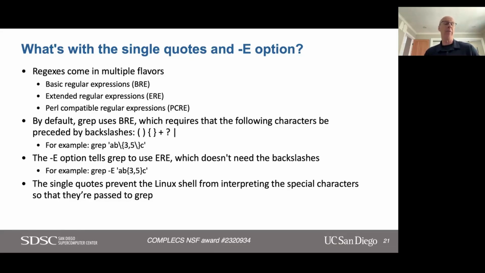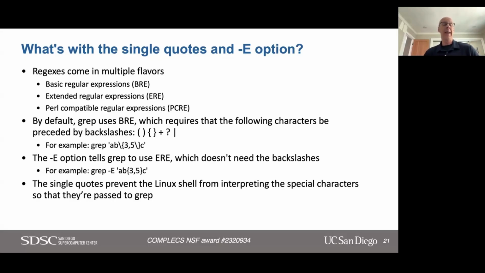There's the basic regular expression, extended regular expression, and Perl-compatible regular expressions. Now, by default, grep uses the basic flavor, which requires that the following characters be preceded by backslashes: our parentheses, our curly braces, the plus, the question mark, and the vertical bar that we're going to be using for alternation.